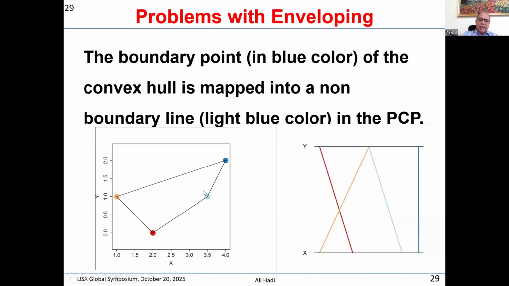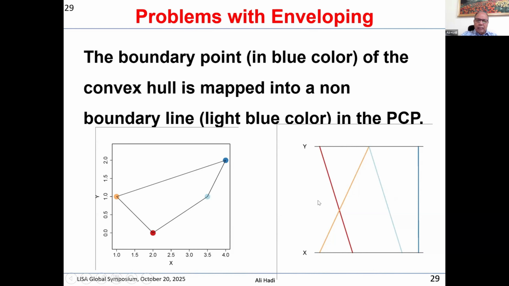As an example of this, suppose that we have a scatter plot of four points here, as you can see. And there are 4 boundary points. There are points, and this is the convex hull of all the points, but there are points inside. So these points are the boundary points only. If we do the parallel coordinate plot, okay, you can take this red point, which is this one here, and the yellow point is here and so on.